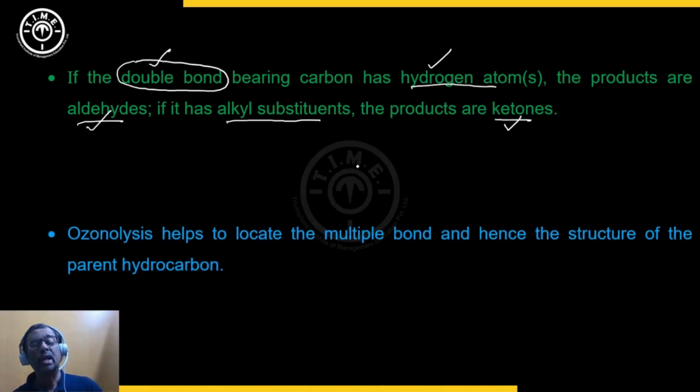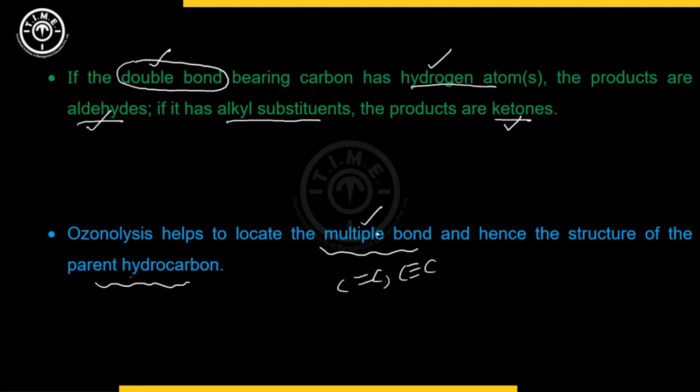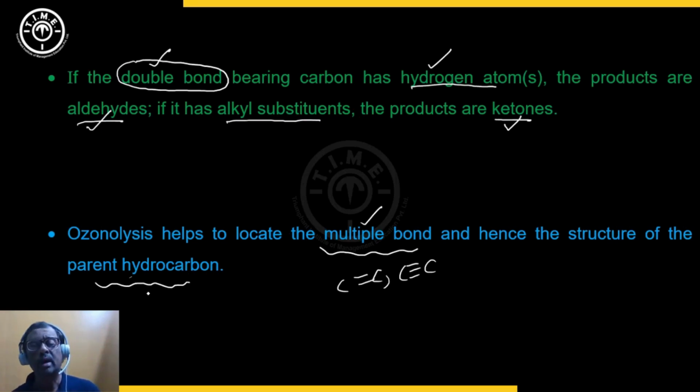Now ozonolysis helps us to locate the multiple bond, whether it is a C double bond C or a C triple bond C. We can locate its position, and from there we can get the parent hydrocarbon. Whatever alkene underwent ozonolysis, from the products we got, we can identify the parent hydrocarbon.